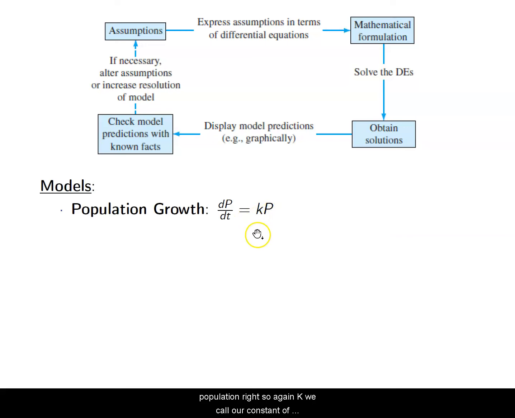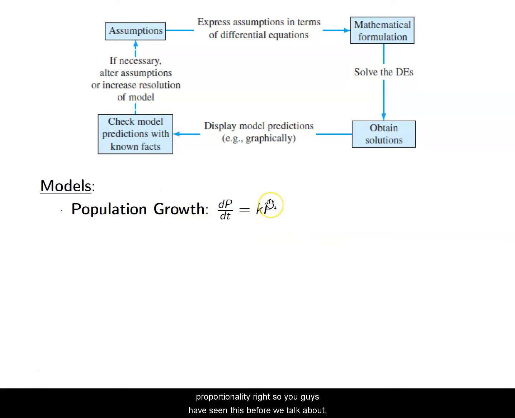K we call our constant of proportionality. So the rate of change of a population over time varies directly proportional to the population, but not equal to the population. It's some constant multiple of that. So that's our constant of proportionality.